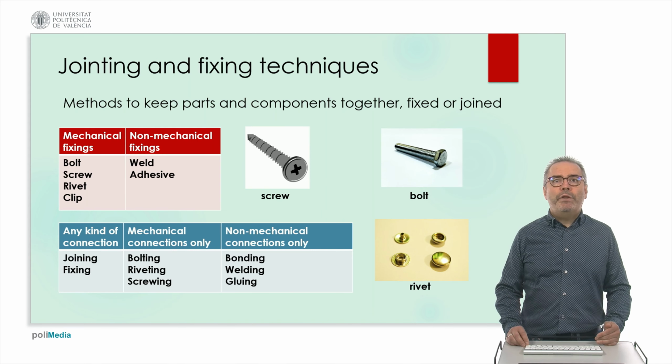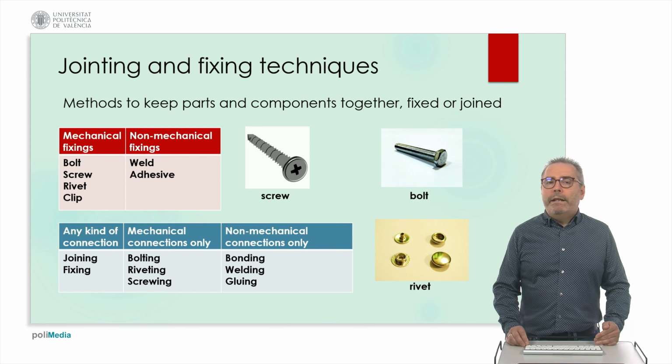On the other hand, we have jointing and fixing techniques. These methods to keep parts together or to fix them or join them together are normally divided into categories. We have mechanical fixings, such as bolt, screw, rivet, or clips, or non-mechanical fixings, such as weld or adhesive. It implies some other processes apart from the mechanical part.